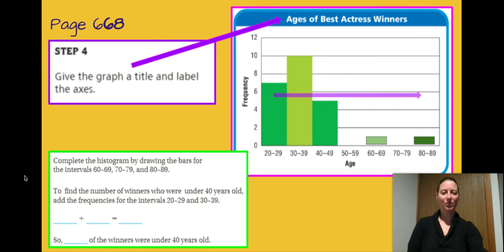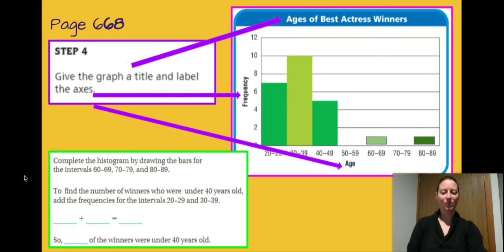Add those together, and we get a total of 17 winners under the age of 40 years old.